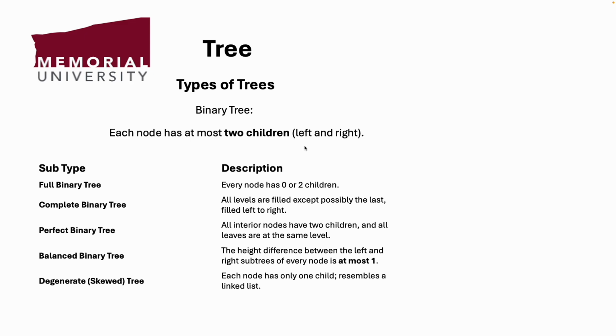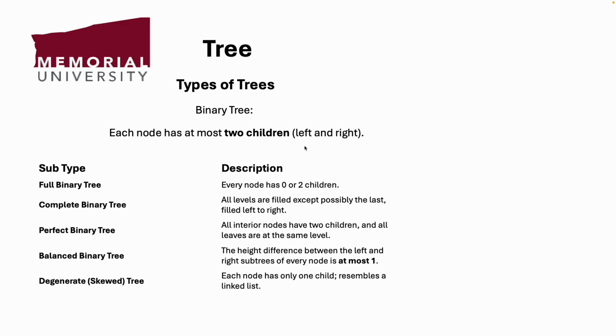First, a full binary tree. A full binary tree means every node has 0 or 2 children. Second is a complete binary tree.